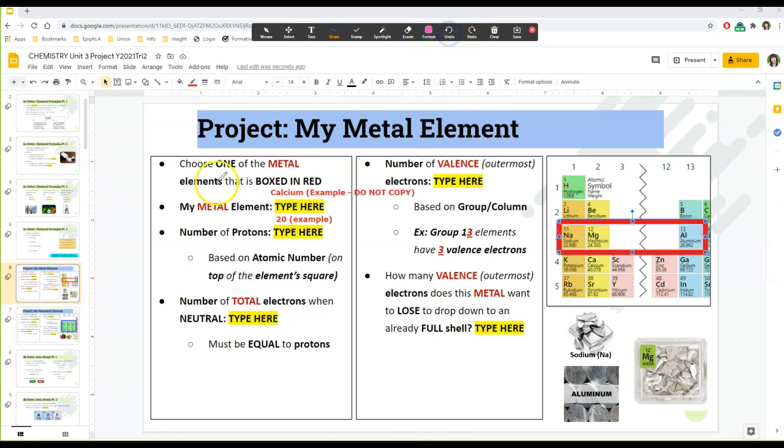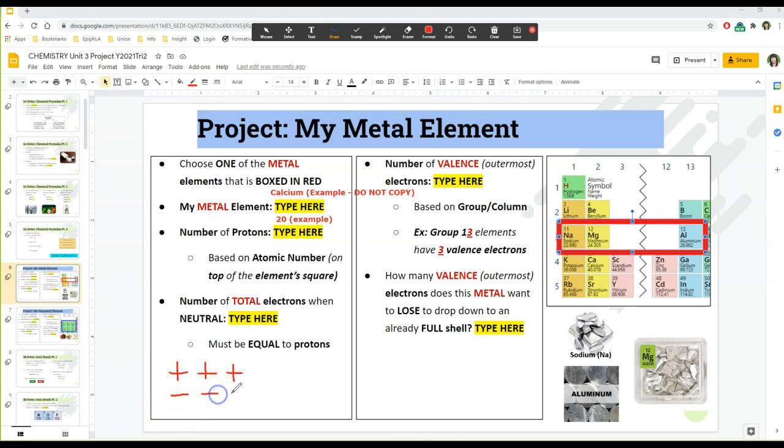Then you're going to determine the number of total electrons when the atom is neutral. Remember that you need to have equal electrons and protons when neutral so that they cancel each other out. For example, if we have 3 protons, then each proton needs to be balanced or canceled by an electron.